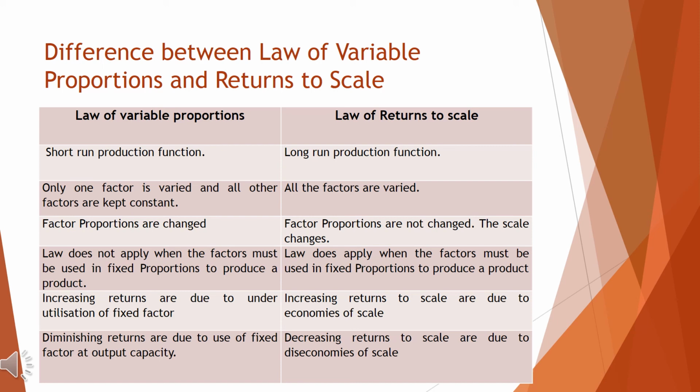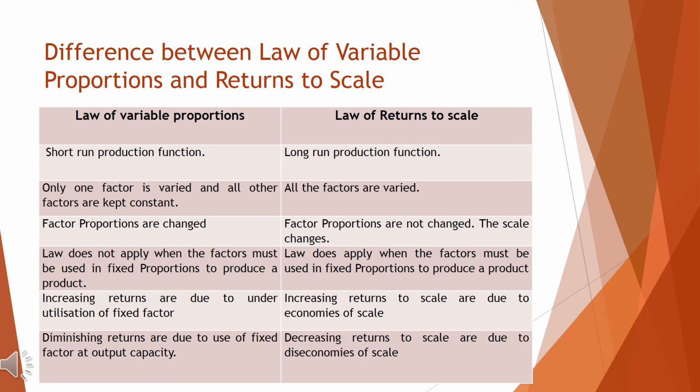In the second stage, constant returns, it occurs when increase in output is proportional to increase in inputs. In the third stage, decreasing returns, it occurs when increase in output is less than proportional to increase in inputs.